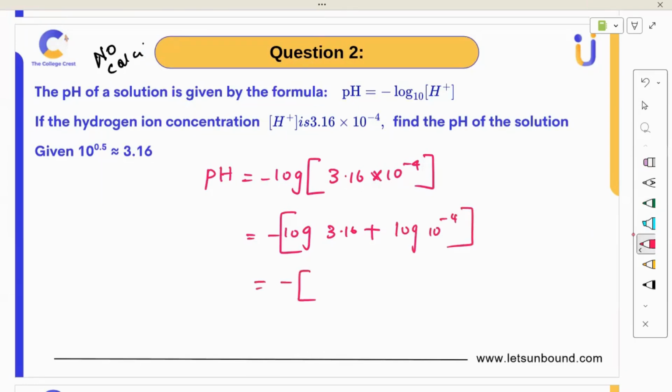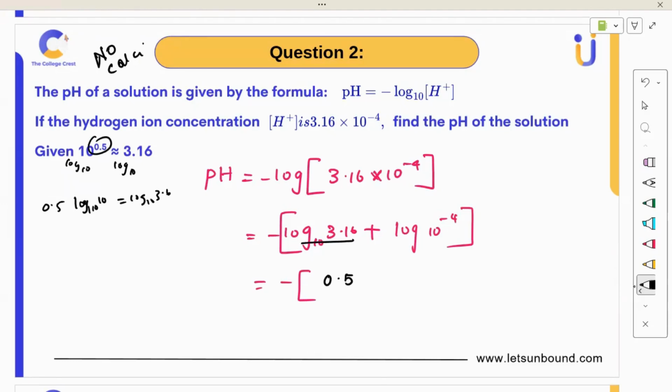So minus log 3.16 means what? Like you can take log on both sides, right? So 0.5, log 10 equal to log 3.16. So log 3.16 is this 0.5.